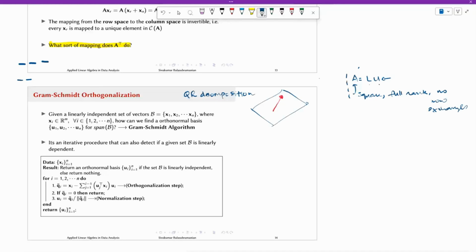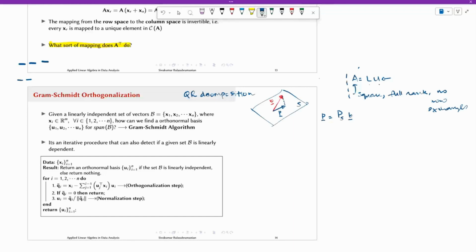Okay. This vector was b, and this is its projection. We know how to do this. Let's say this is subspace S; the orthogonal projection matrix P multiplied by b gives me the orthogonal projection.